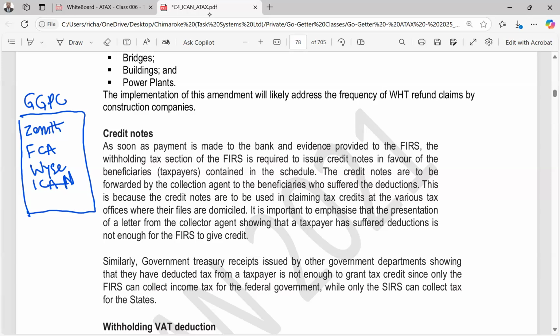And GGPC who collects the withholding tax, if he didn't come forward, they will charge him double. That's part of the things that was being put forward to prevent people from taking government's money and not paying it. But we're not talking about the new withholding tax regulation. Let's stick to what is here, because this is what will make you pass now.